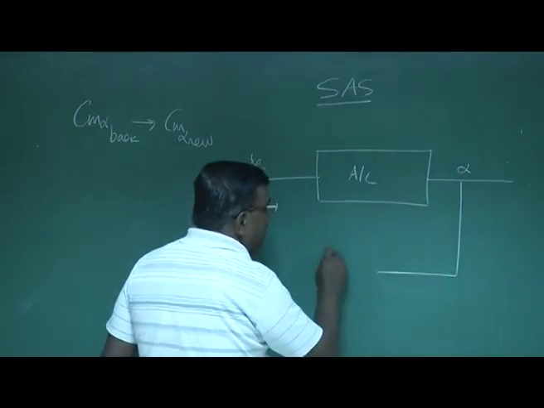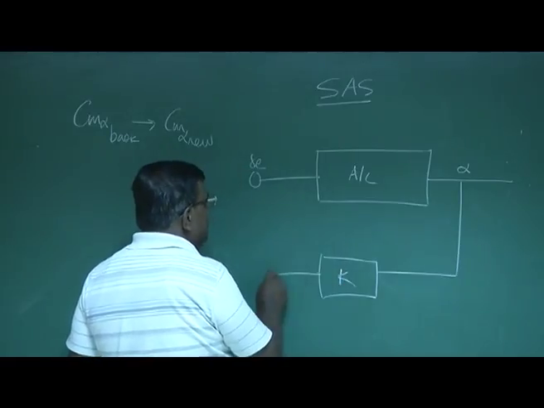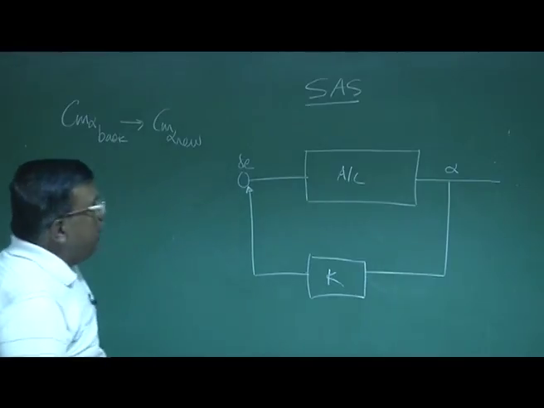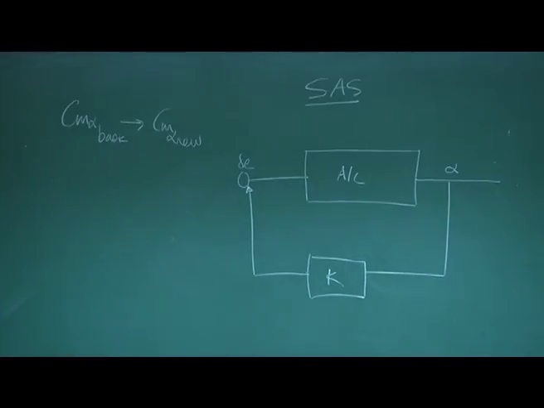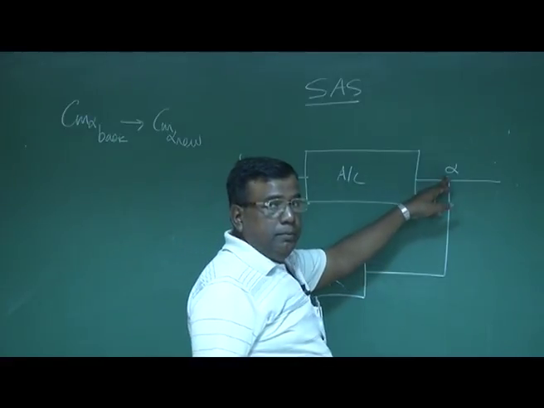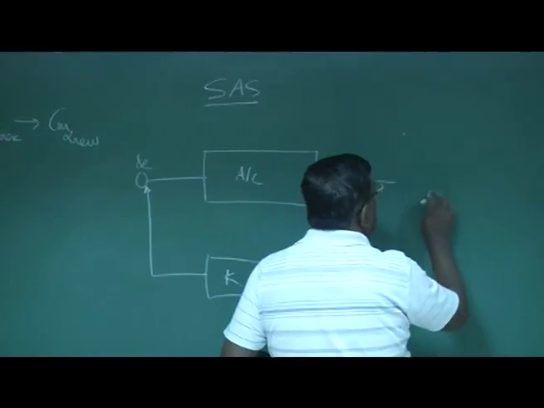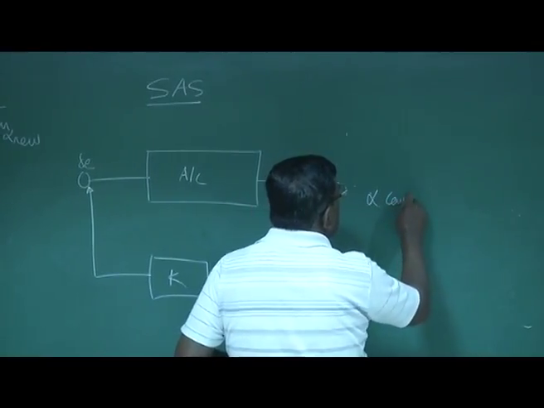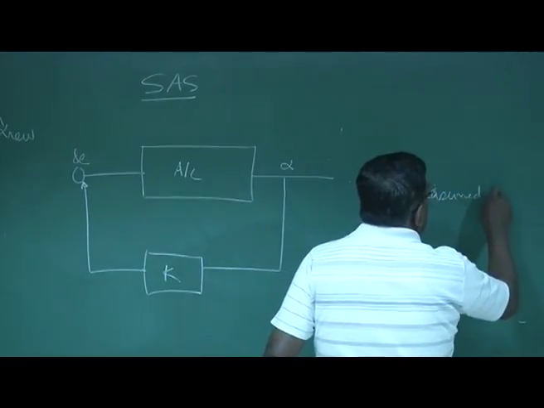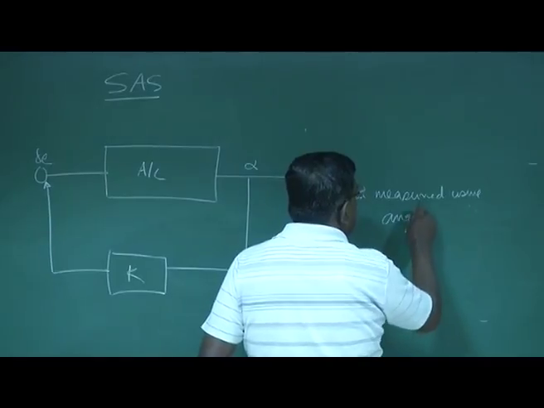I am tapping alpha. What does this diagram tell you? It's telling that in flight you tap alpha. How can I tap alpha? Alpha can be measured or tapped using angle of attack sensor.